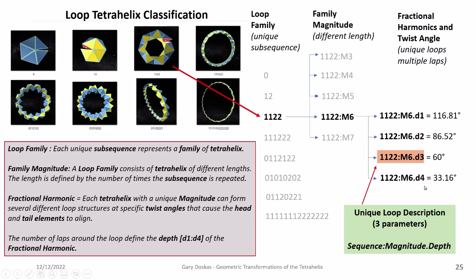And these D1, D2, D3, and D4 represent the depth or how many laps are involved in these structures. And the one that I've highlighted here allows me to give the full description of any loop tetrahelix using these 3 parameters of sequence, magnitude, and depth. And I'll be using that to differentiate between the various loops I'm showing.